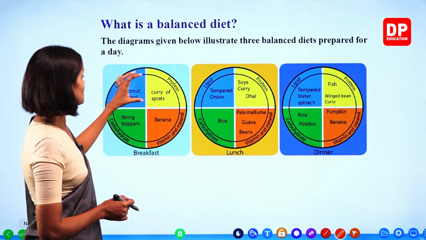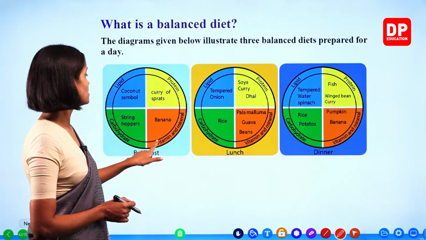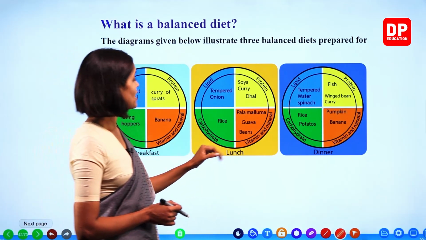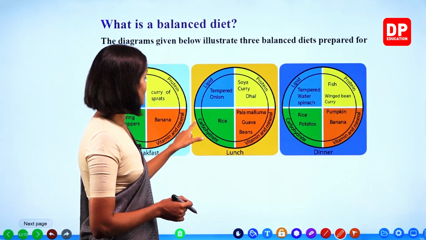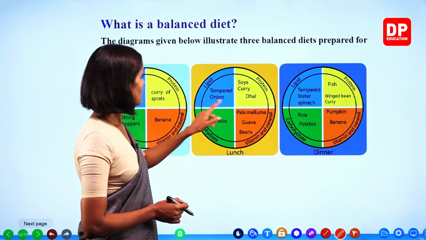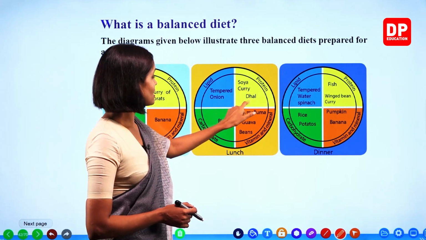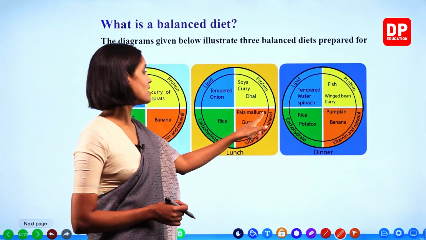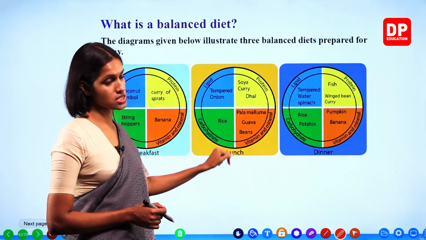Under proteins, curry of sprats. And vitamins and minerals, banana. For lunch, under carbohydrates, rice. Under lipids, tempered onion. Under proteins, soya curry and dal. Under vitamins and minerals, papaya, mulluma, guava and beets.